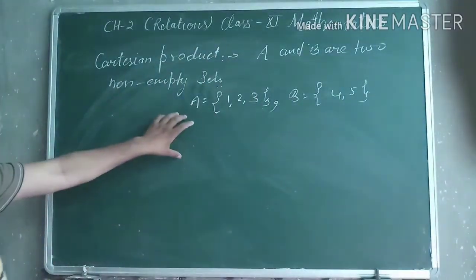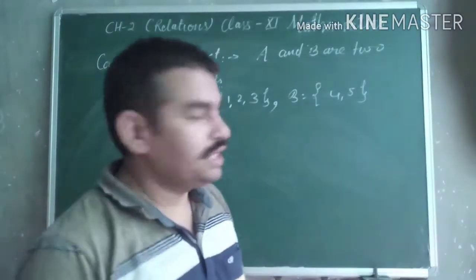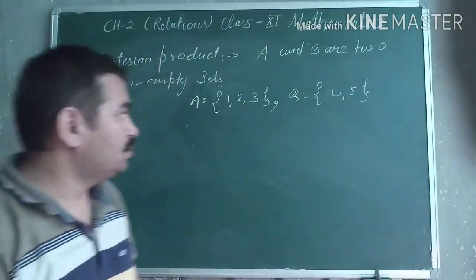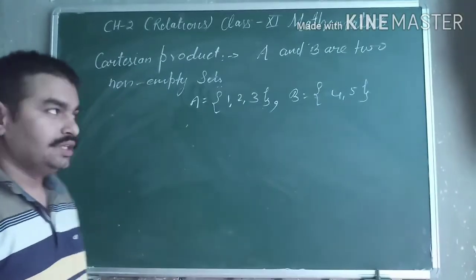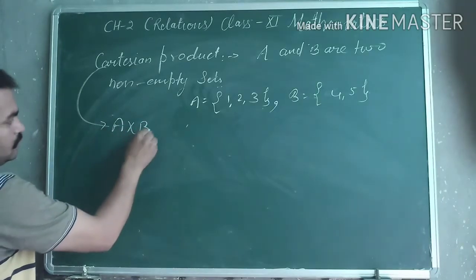A contains 3 elements, B contains 2 elements. 1, 2, 3 are the elements of A, and 4 and 5 are the elements of the set B. Now Cartesian product means A cross B.